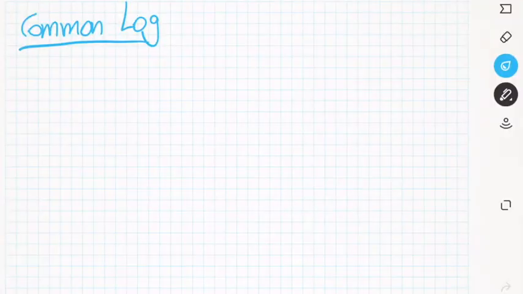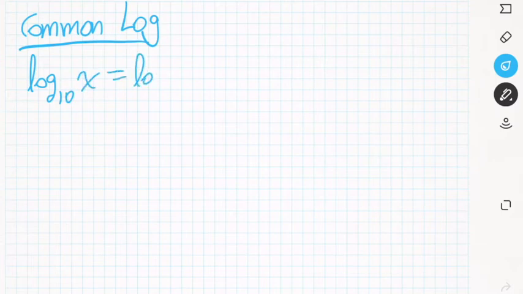Calculators do take care of logarithms. One of them is called a common logarithm, and a common logarithm is a log whose base is 10. Now on a calculator, all you're going to see is log. So when you see log by itself, it's understood to have a base of 10. So log of x is the same thing as log base 10 of x.